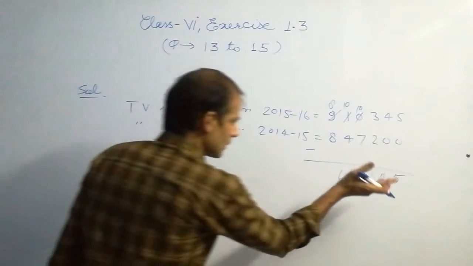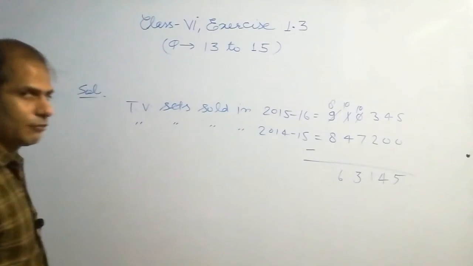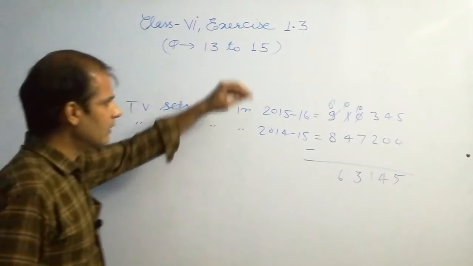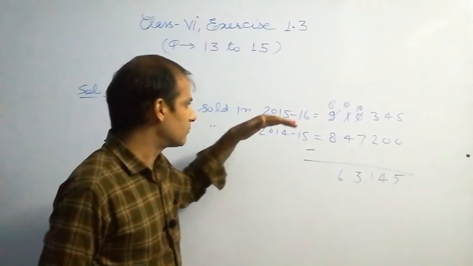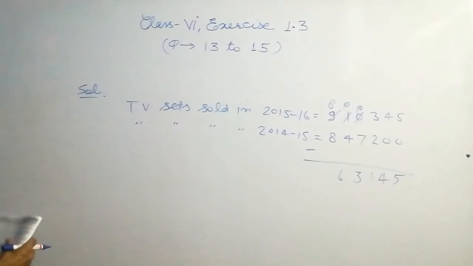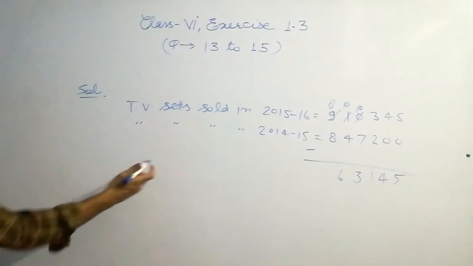So this is the answer, 63,145. It means in the year 2015-16 these TV sets are sold more than this year. So finally we can conclude the answer in this way.